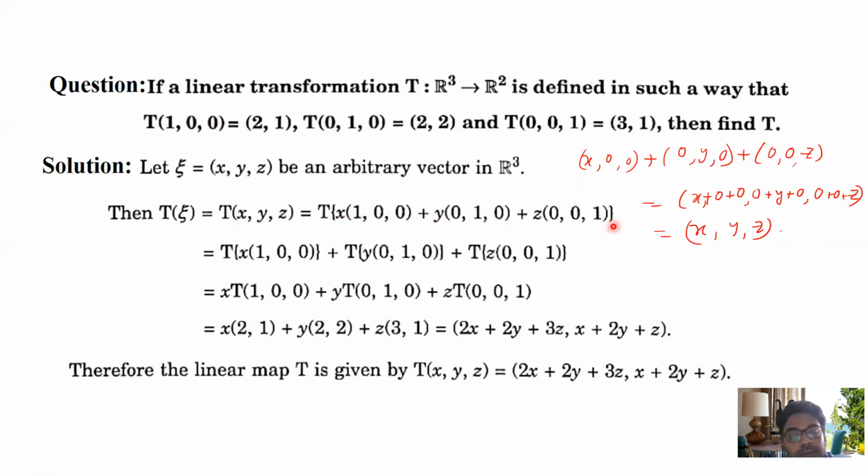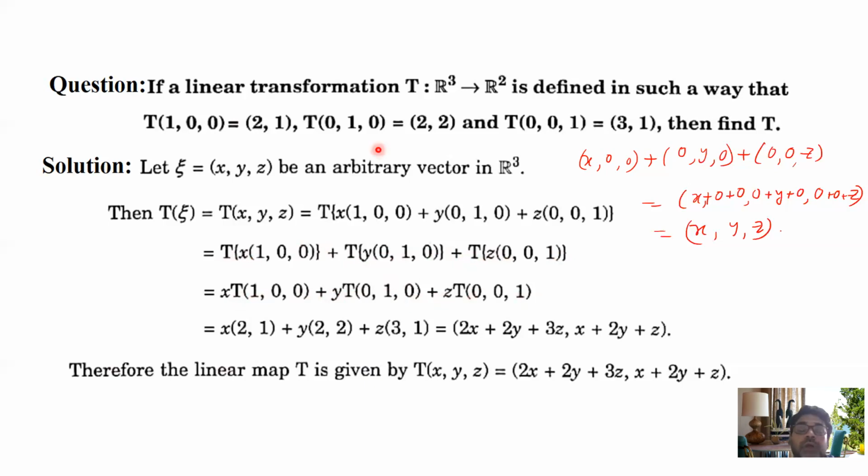Okay, clear? So now using linear property, T of x 1 0 0 plus T of y 0 1 0 plus T of z 0 0 1. Now you extract x from here, that is x T of 1 0 0 plus y T of 0 1 0 plus z T of 0 0 1.